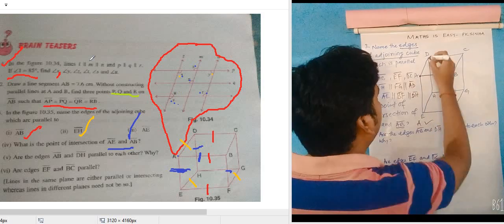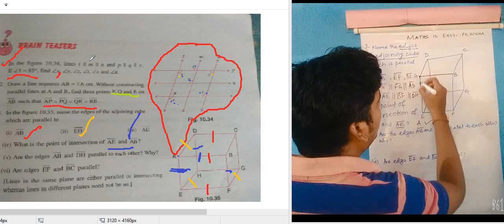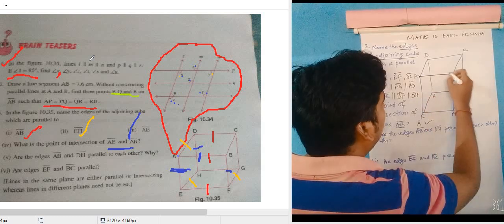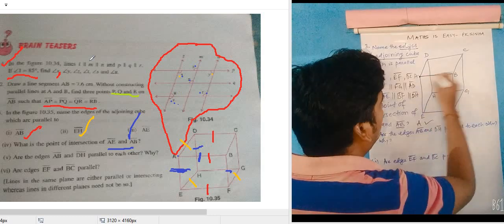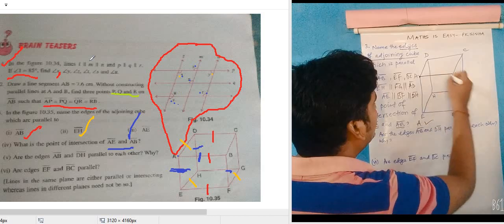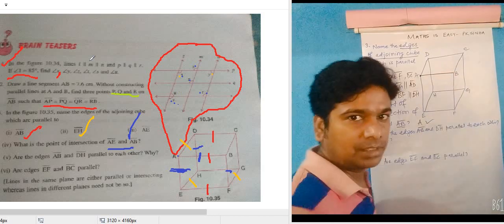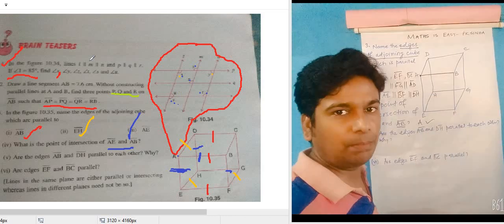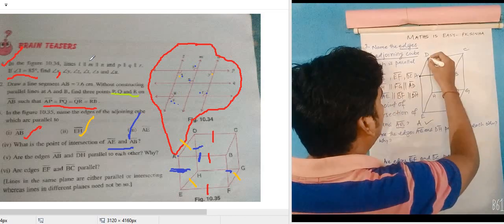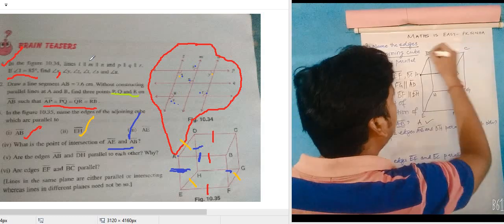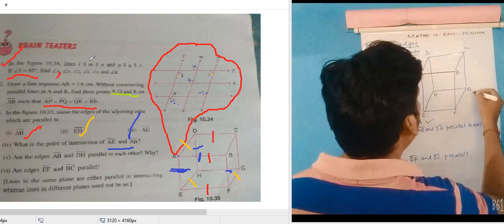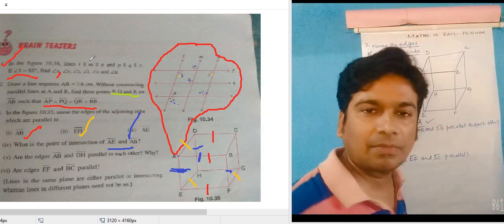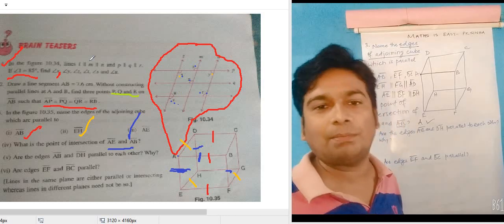and DH is here. So you can see AB is one of the edges of the face ABFE, which is a square, so this will be one plane. So AB will be parallel to EF. You can say this is one plane, but DHGC is another plane.